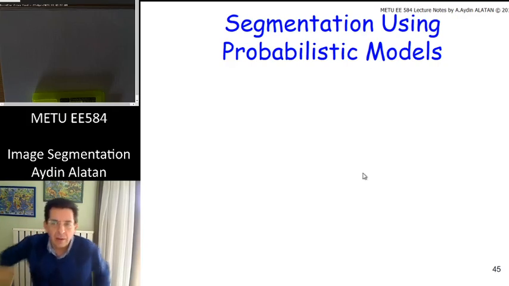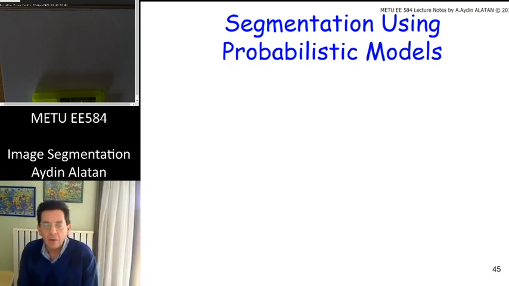Welcome back. Now, as you remember, we were going through the image segmentation part of our course. We have up to now three different recorded lectures. We have explained the techniques based on histograms, not considering any neighborhood information.